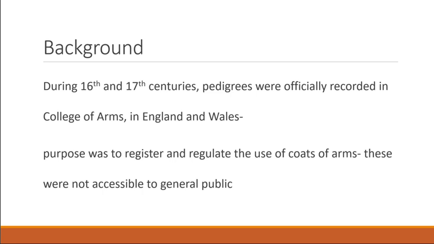So this was one reference that I came across, and these records were generally not accessible to the general public, right? So this was one record that we can find with respect to pedigrees in England, dating back to the 16th and 17th centuries.